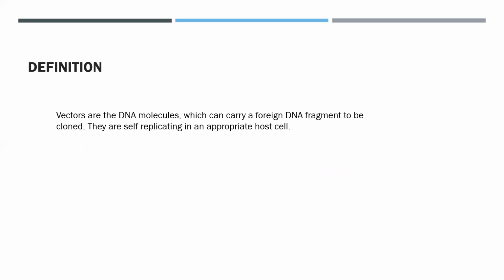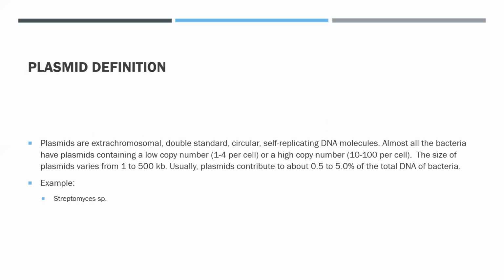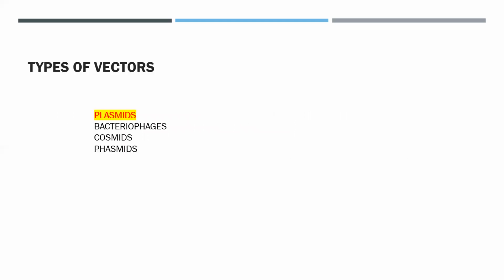Vectors transfer genes from one cell to another cell. Vectors are DNA molecules which can carry a foreign DNA fragment to be cloned. They are self-replicating in a host cell.